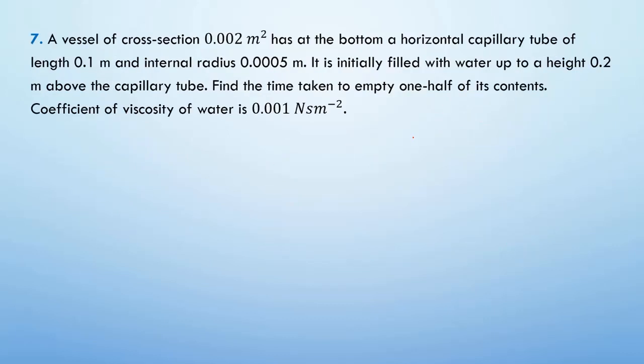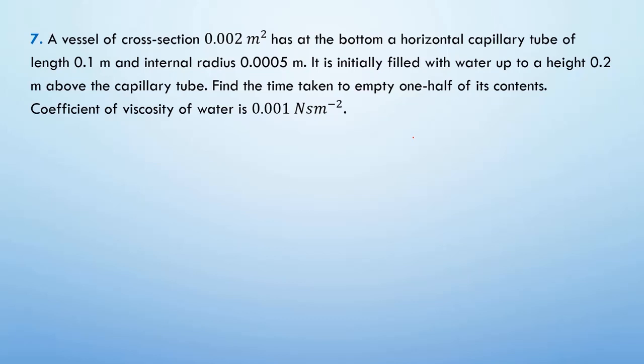The next question: a vessel of cross section 0.02 meter square has at the bottom a horizontal capillary tube of length 0.1 meter and internal radius 0.0005 meter. It is initially filled with water up to a height 0.2 meter above the capillary tube.